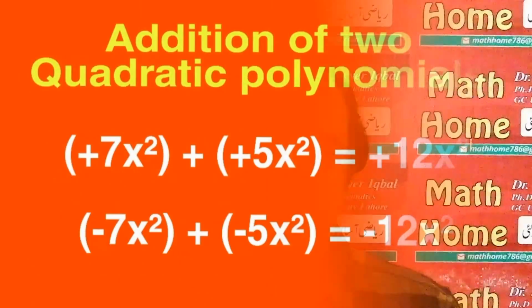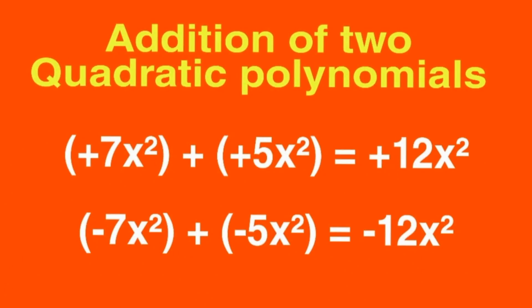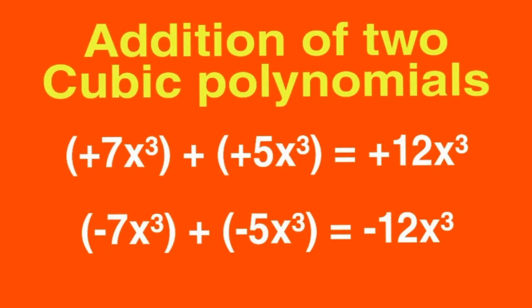If we add second degree terms, quadratic polynomials, then again you see we have minus 12x square and plus 12x square. Similarly, we can add cubic terms. So students, this is the pattern, this is the way we can add any two polynomials or two or more than two polynomials.